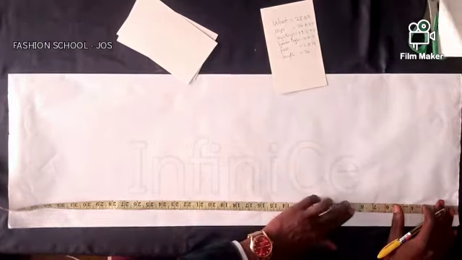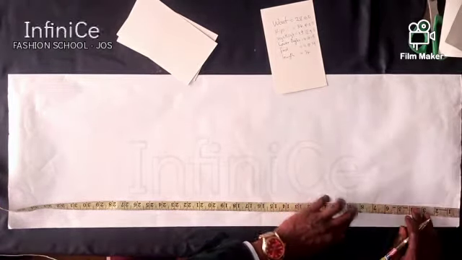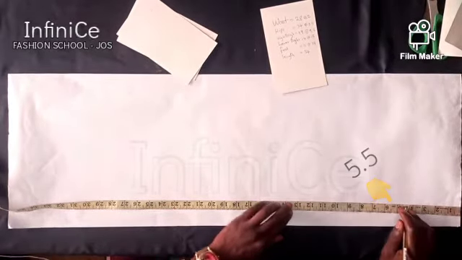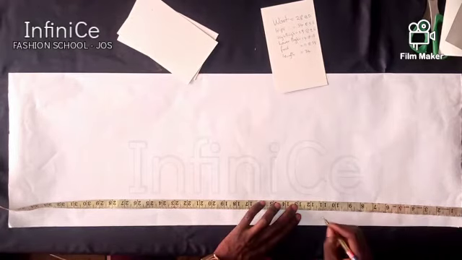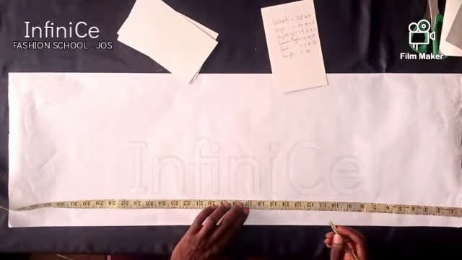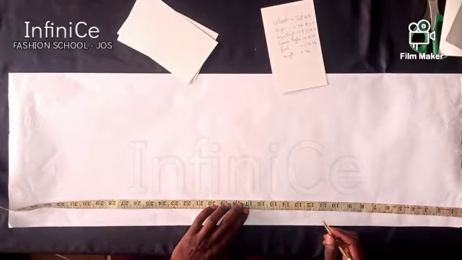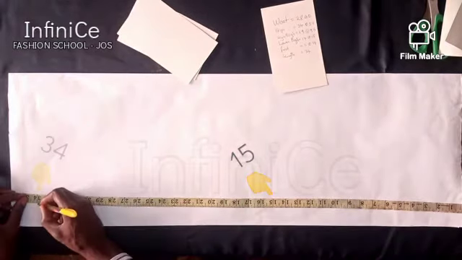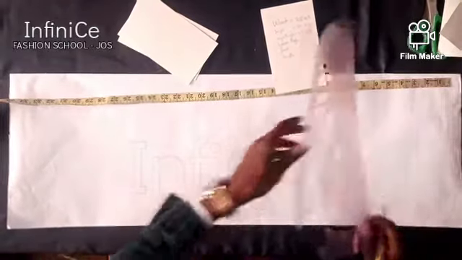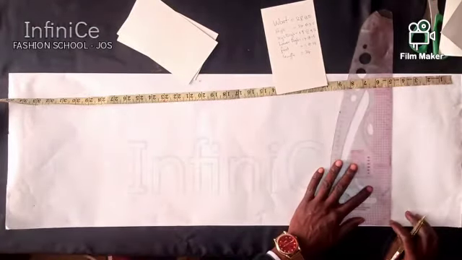So waist at 0, hips at 5.5, high thigh at 9.5, lower thigh at 15, foot at 34. So you draw normal lines vertically.